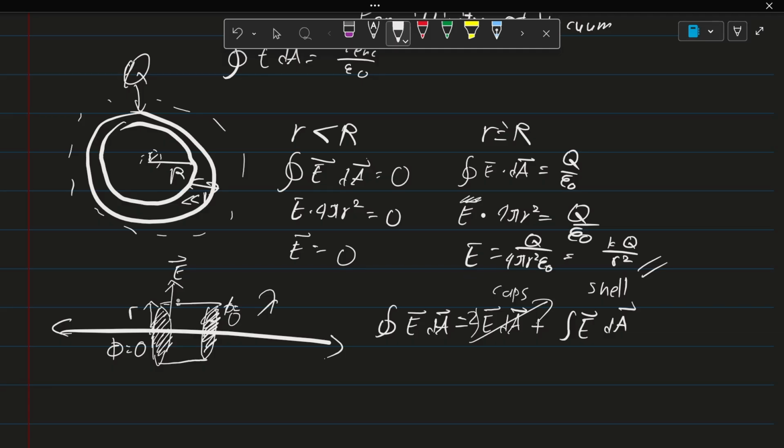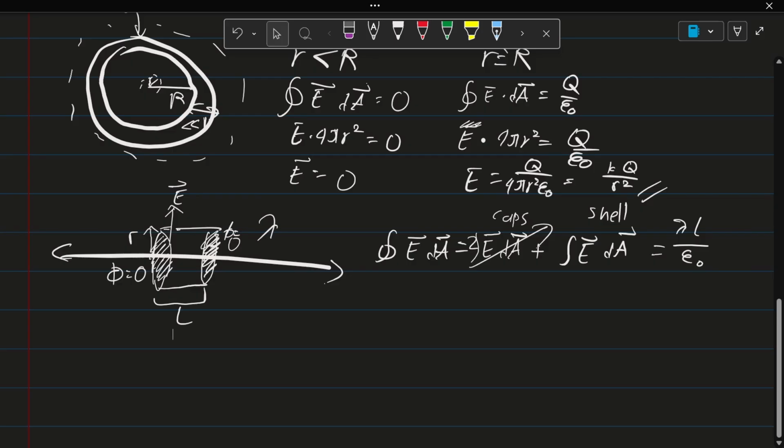So therefore, Q over epsilon 0, where the Q in here is lambda times L, so I'll introduce L to be the length that you choose. It should be lambda L over epsilon 0. So if you actually observe this again, we would know that the E vector and the dA vector should be parallel to each other.